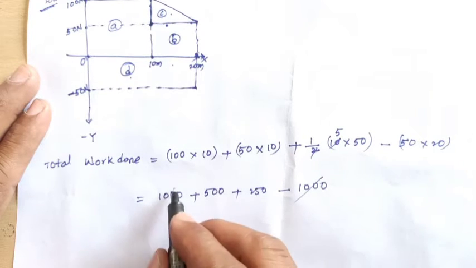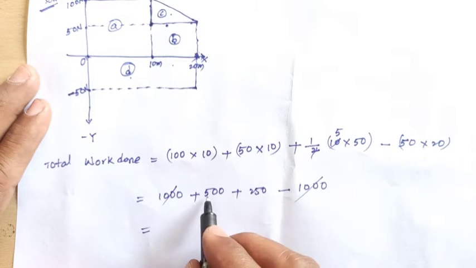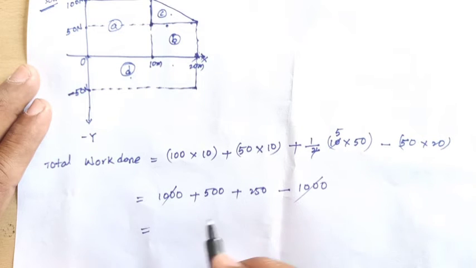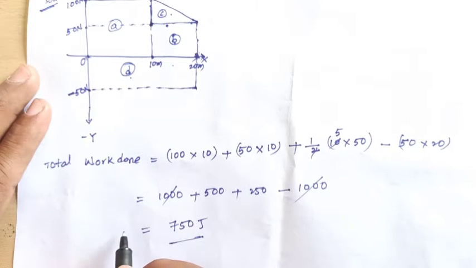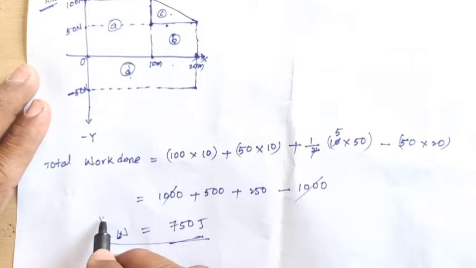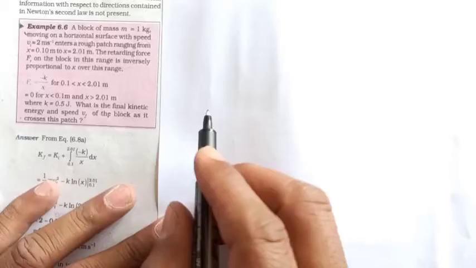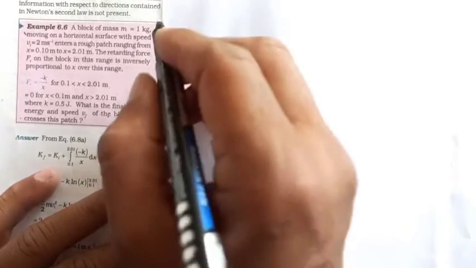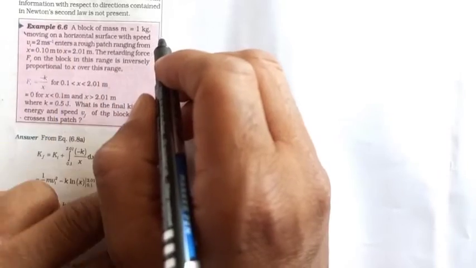The 1000 and 1000 cancel, so it equals 500 plus 250, which is 750 joules. The total work done on the trunk on the railway platform is 750 joules. Now we are doing another example, example number 6.6.